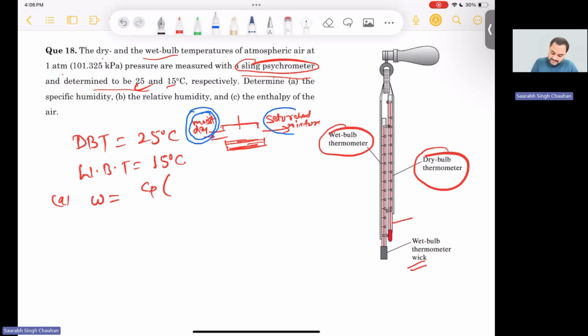Here you have the saturated mixture, and here you can use a thermometer. So this will give you the wet bulb temperature, and outside you can use a dry bulb temperature.